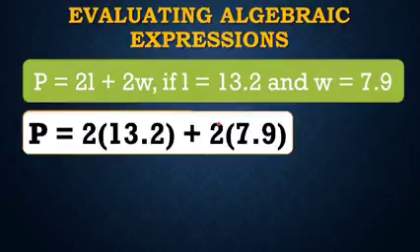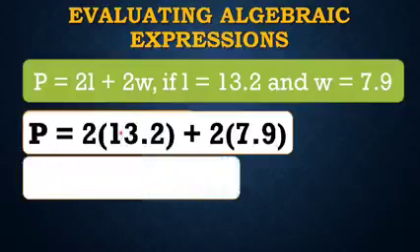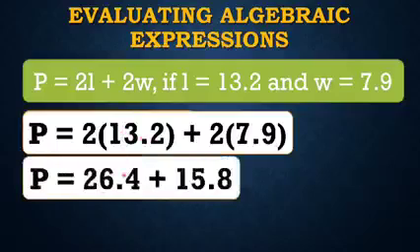Gamit ang rule, wala tayong groupings, wala tayong exponent. Let's proceed to multiplication. So multiply natin yung 2 and 13.2. The answer is 26.4. We'll bring down the plus sign. 2 times 7.9 is equal to 15.8. So this is our new perimeter.